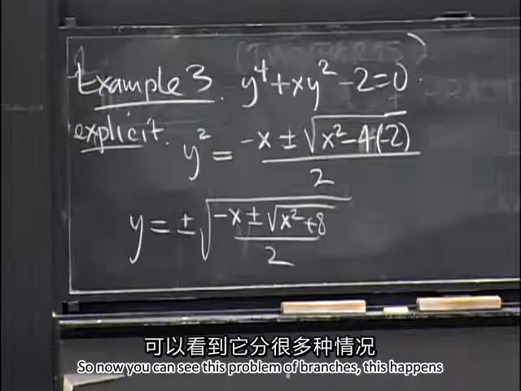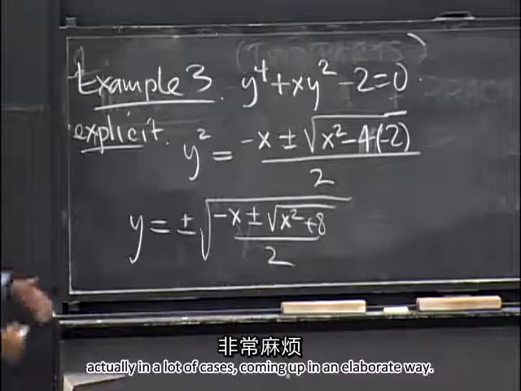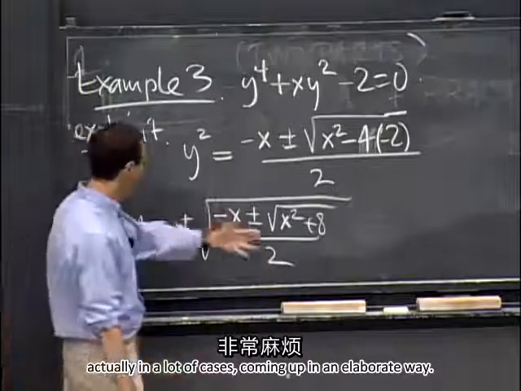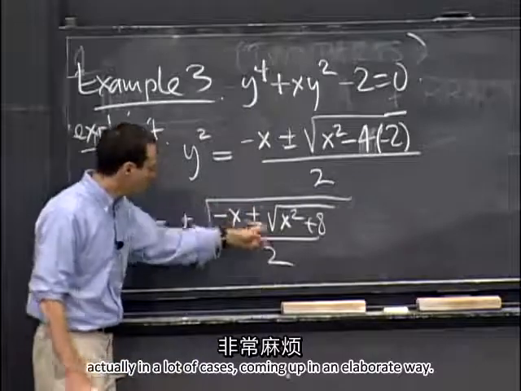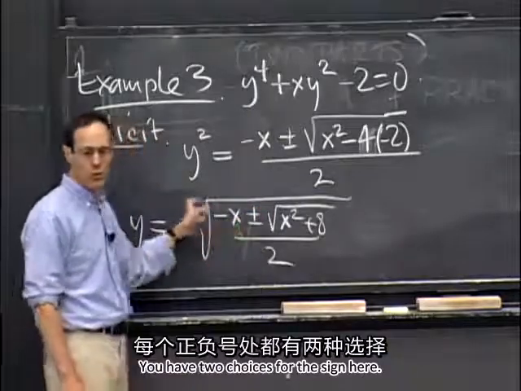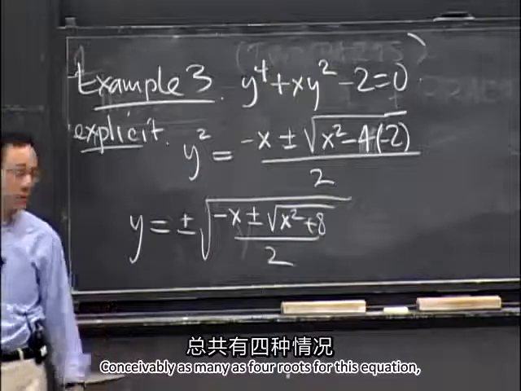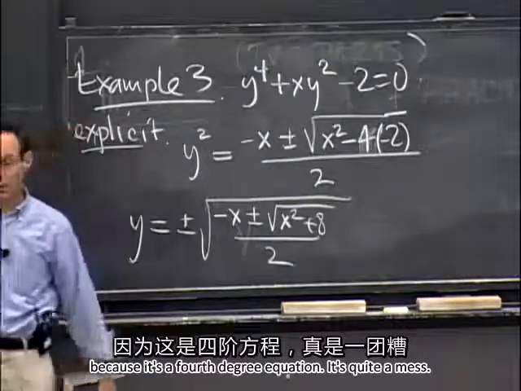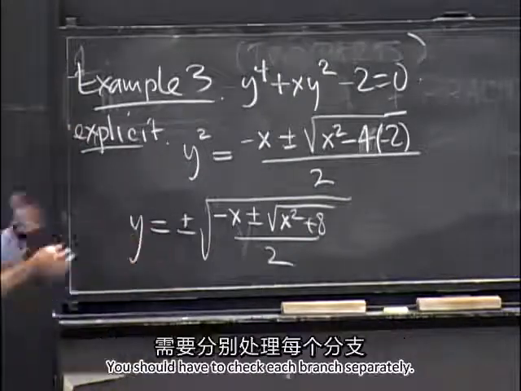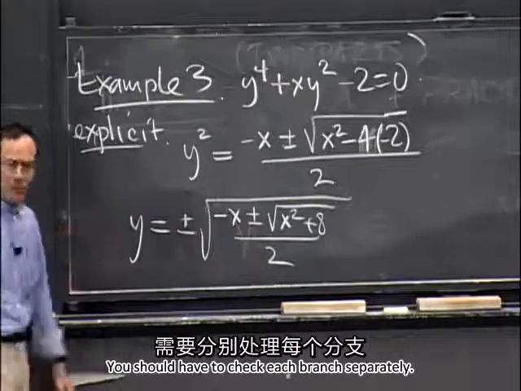All right? So now you can see this problem of branches. This happens actually in a lot of cases, coming up in an elaborate way. You have two choices for the sign here. You have two choices for the sign here. Conceivably, there are as many as 4 roots to this equation because it's a fourth degree equation. It's quite a mess. You would have to check each branch separately.